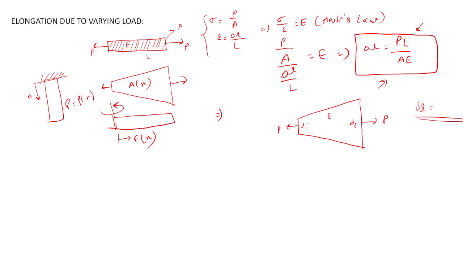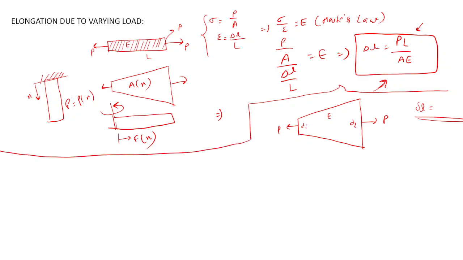Okay. So here, what is the problem that we are not able to use that formula? Anyone? Here in this tapered bar, what is the problem that we are not able to directly use this formula for the elongation in the length due to this load? Sir, area is changing in every section. Area is variable.